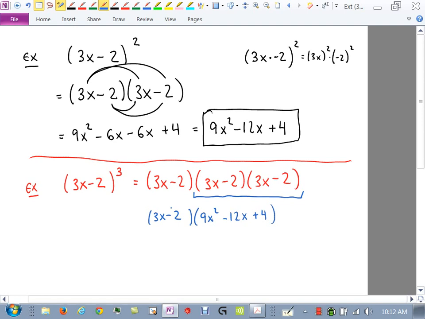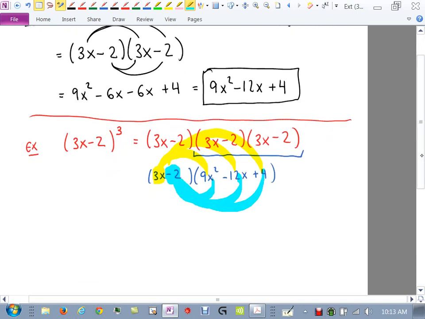So now just pass the 3x through everything, and after you do that, pass the negative 2 through everything. You would have 6 multiplications. So cubing it, you would first do the squaring part on just 2 of them, figure out what that is, and then come through with that last one. I'm not going to work it out, but do you understand?